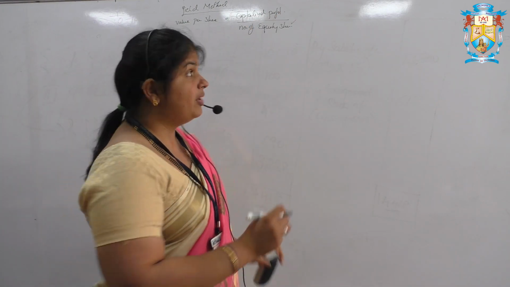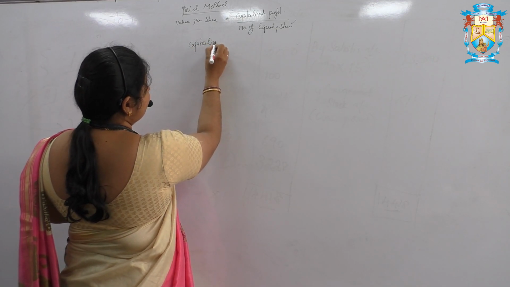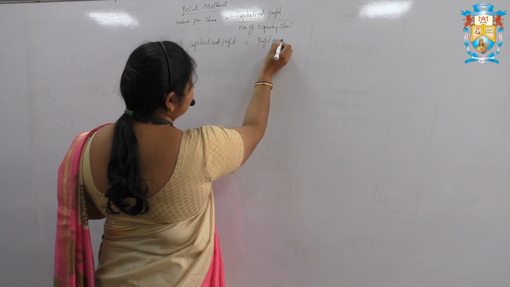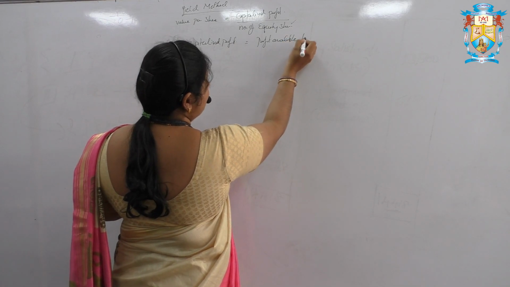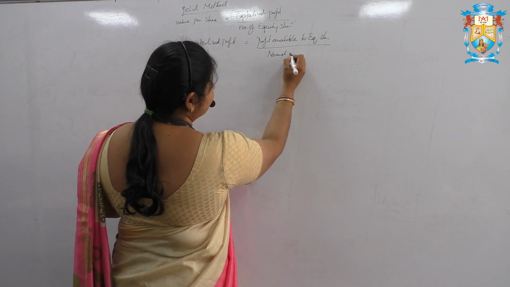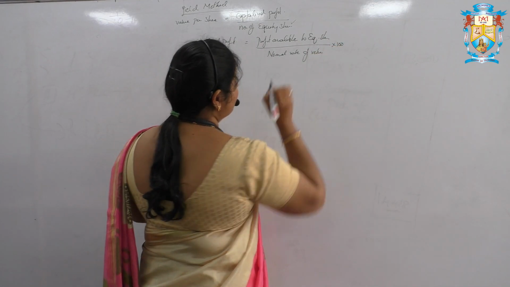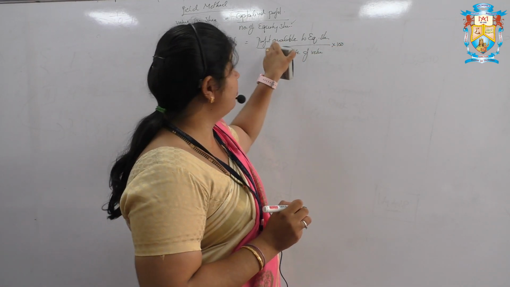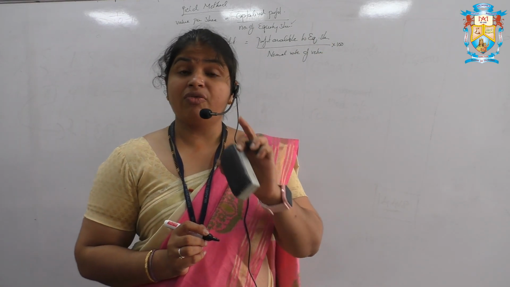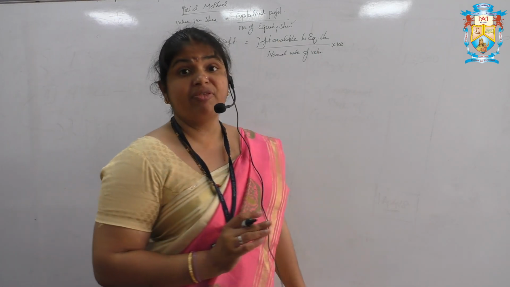To find the numerator, one more formula is there: capitalized profit is equal to profit available to equity shareholder divided by normal rate of return into 100. Here profit available to equity shareholder is not specified. The normal rate of return is specified, that is 18%, into 100, that is constant. So here also you have to find the numerator.